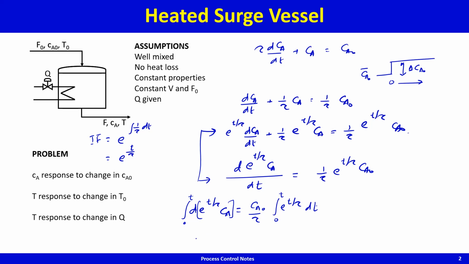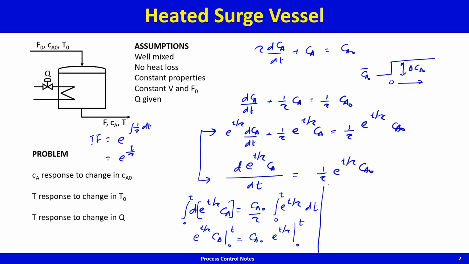So what we will get is e to the power t by tau Ca from 0 to t should be equal to, and if you integrate this, this will be e to the power t by tau times tau, because you'll have to divide by 1 by tau. So the tau and the tau will cancel, so what we'll get is Ca naught e to the power t by tau between 0 and t.